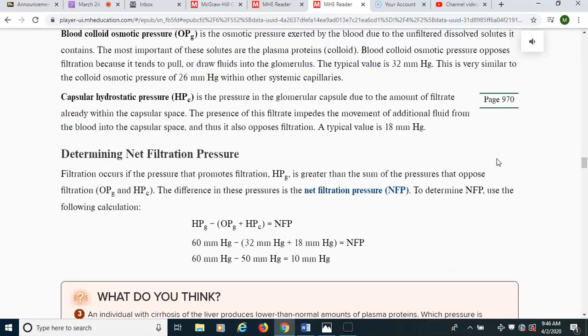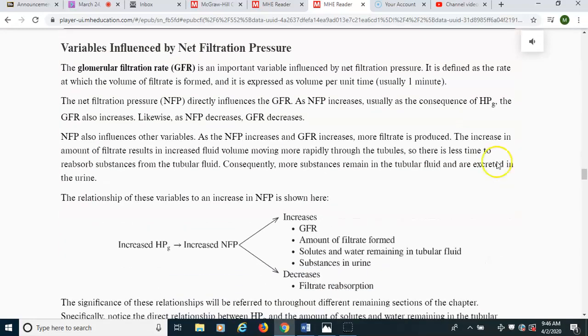So if we have a situation where the net filtration pressure decreases, that's also going to decrease our glomerular filtration rate. And if the glomerular filtration rate decreases, that's going to cause less filtrate, and we're not going to be able to filter all the components out of the blood as well.